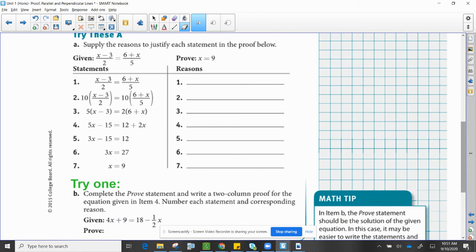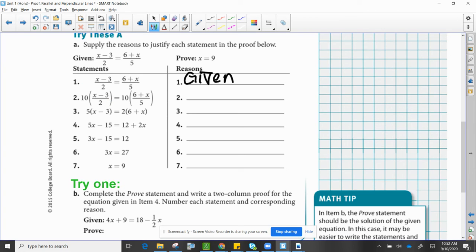So let's do one together here. So they have the steps worked out for us. All we have to do is go in and put our properties in, or our reasons. So there's the original equation. So again, we always start with what is given to us. Okay. So it's given. Now, this next step, the book did it a little different than I would probably do it, but we can see that they're multiplying something on both sides in an effort to kind of clear out this fraction.